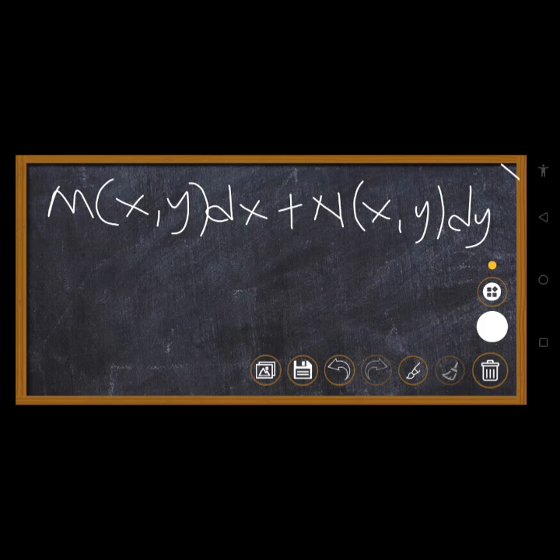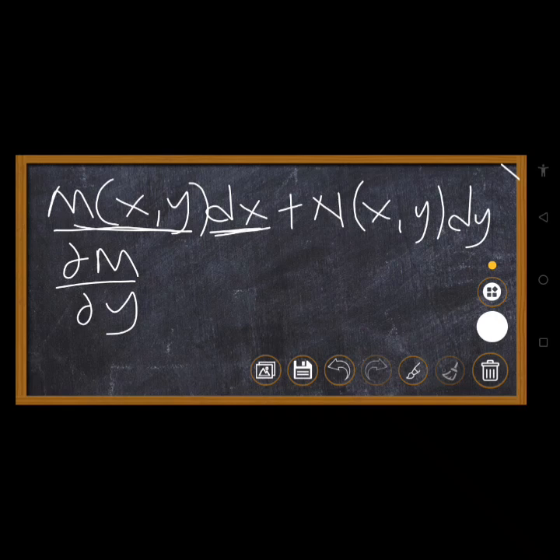So whenever you have an expression with respect to dx, that function is for M. And whenever you have an expression with respect to dy, then that function is for N. Now, when we are testing for exactness, we must differentiate the given expressions. When differentiating the function for M, we always differentiate with respect to y.